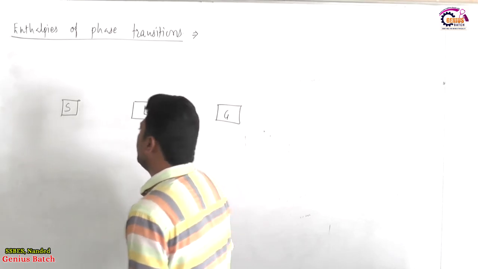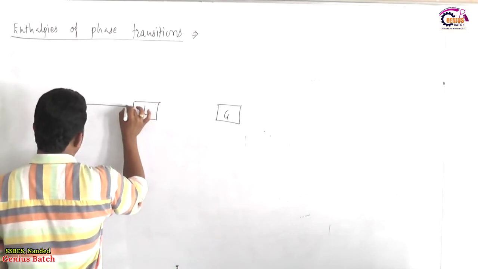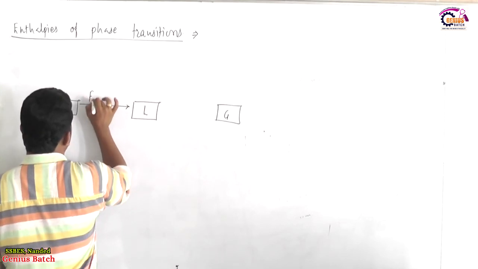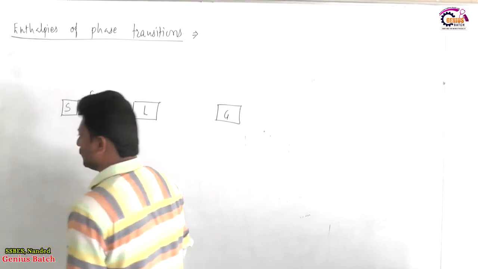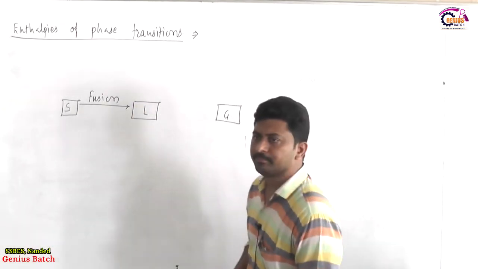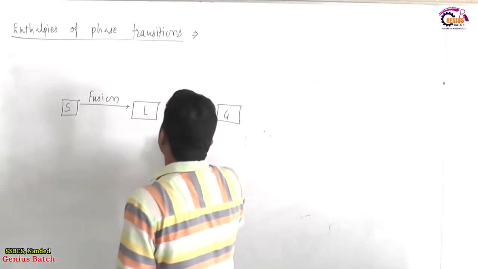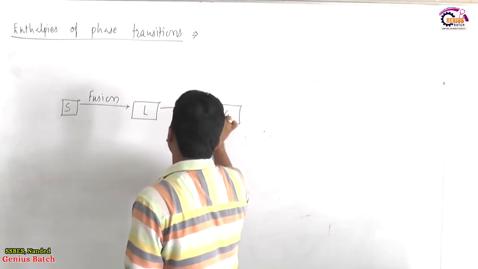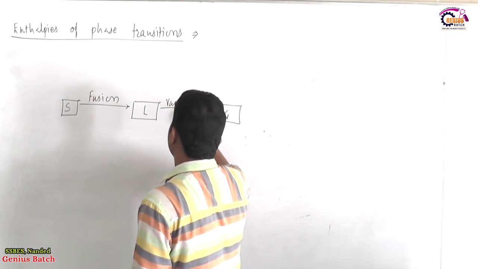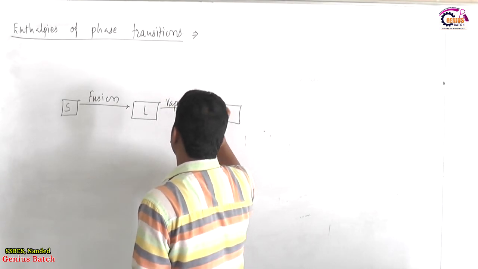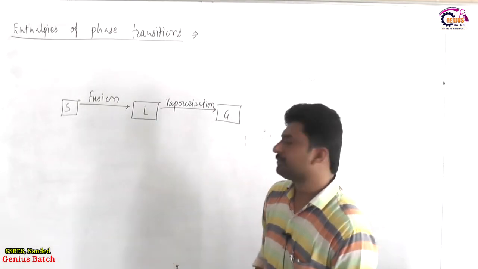When solid is converted to liquid, the change is called fusion. It is also called melting, conversion of solid to liquid. Then liquid to gas is called vaporization, also called evaporation in some cases.